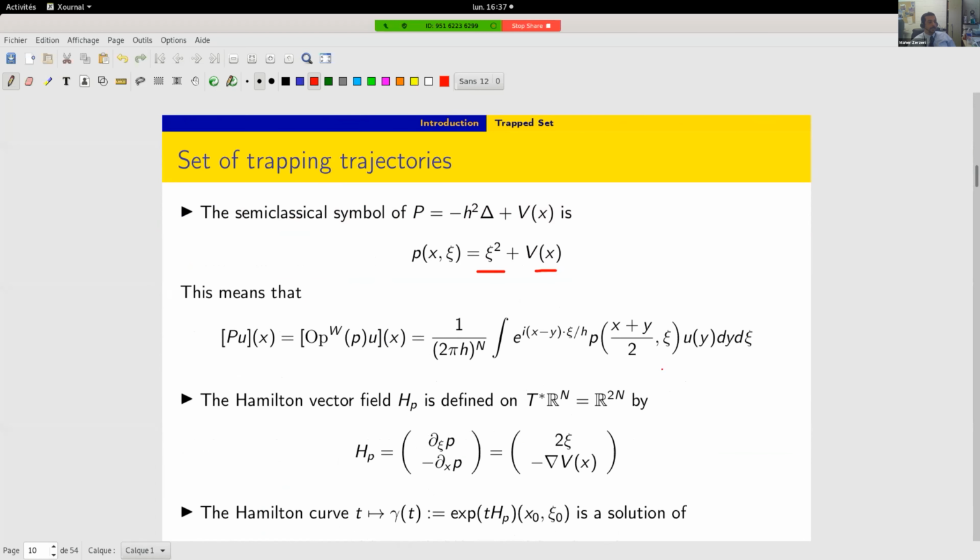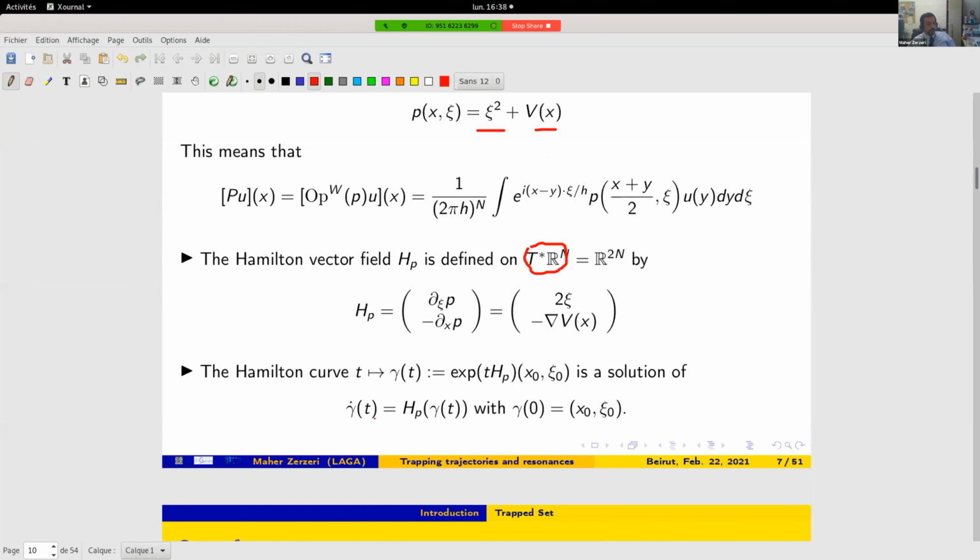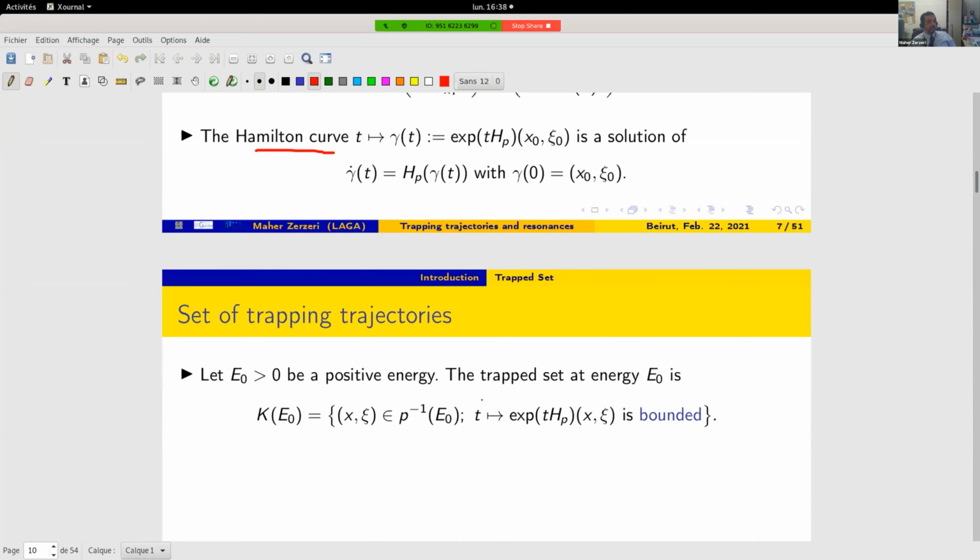If we consider the Hamiltonian vector field H_p, defined on the cotangent of R^n by H_p = d_xi p d_x minus d_x p d_xi, and the Hamilton curve, we can define what we call the trapped set at energy E0.